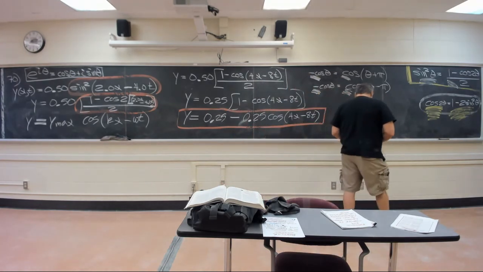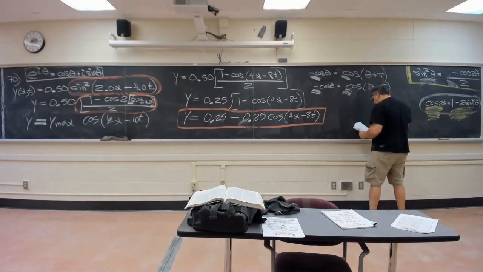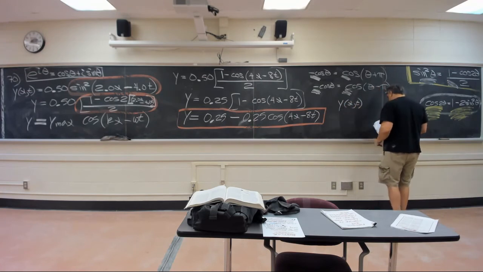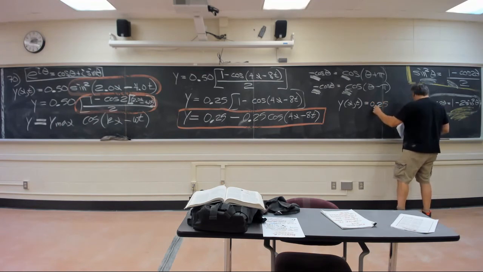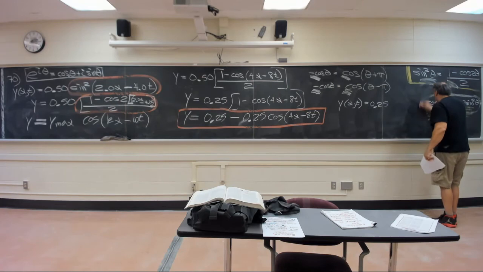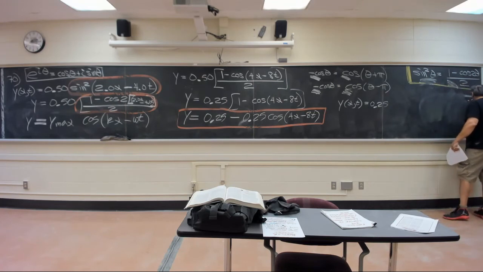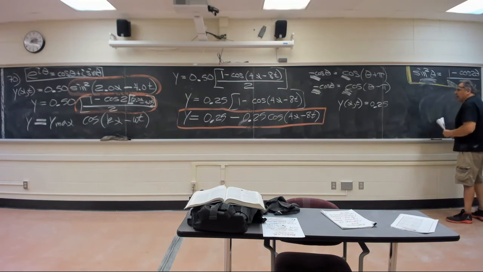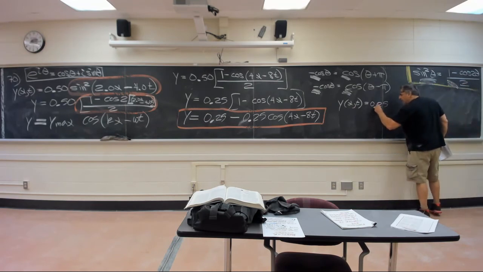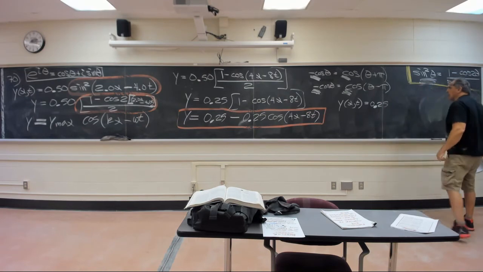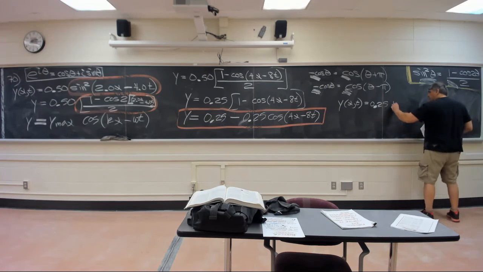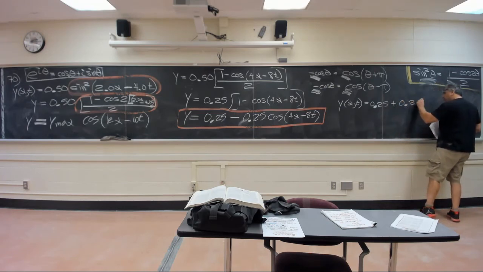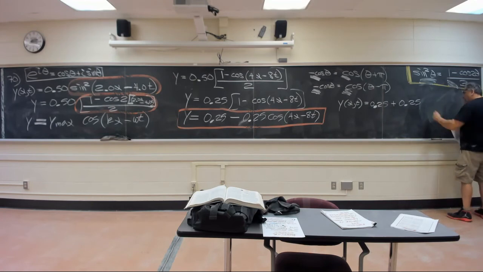So what happens is you end up getting y of x comma t is 0.25 plus 0.25 cosine.